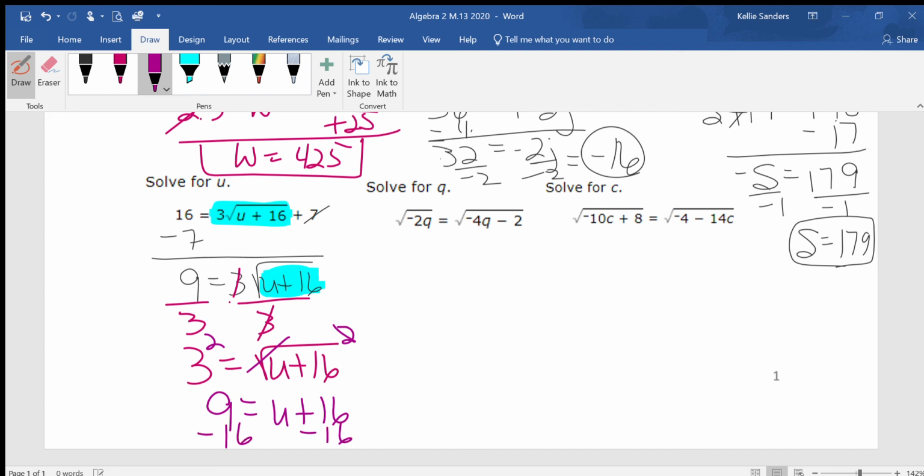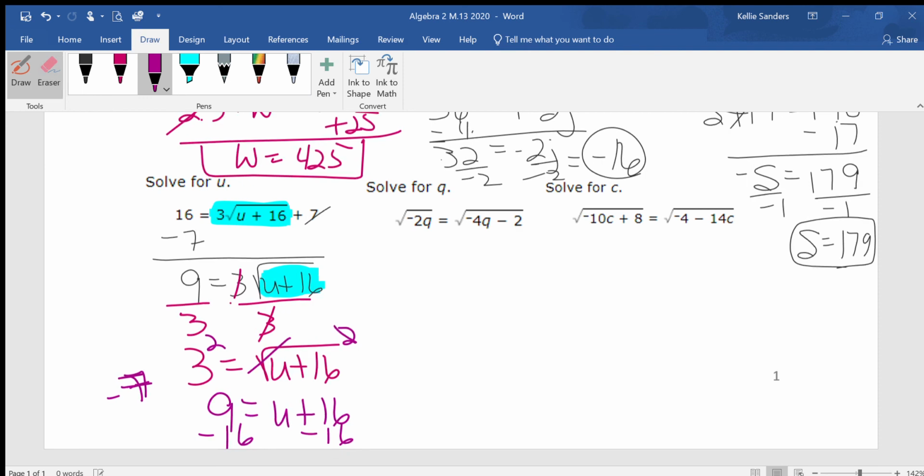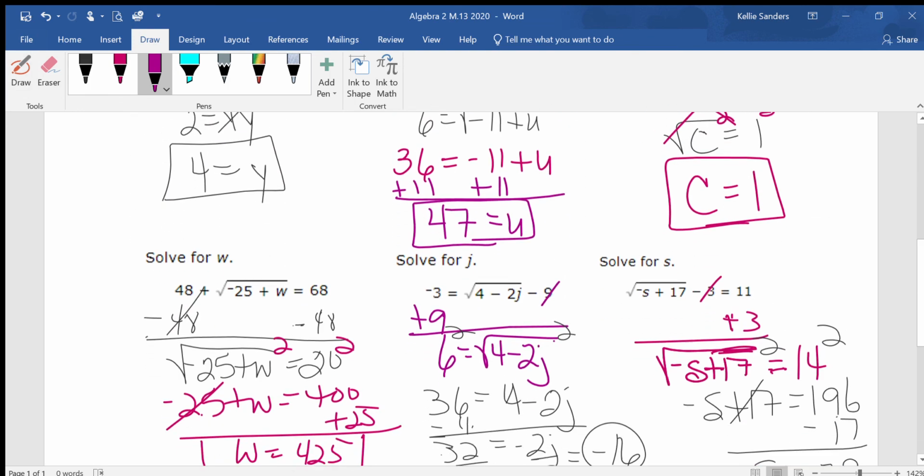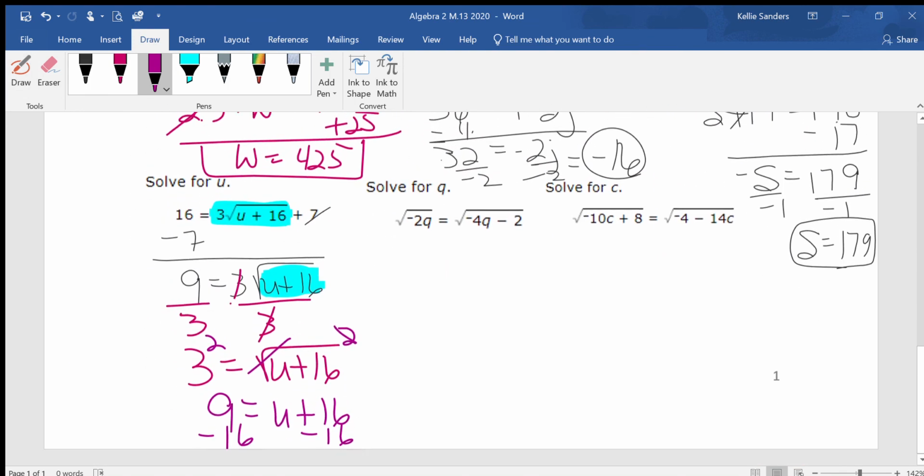Minus 16 is -7. That is gross. Like normal. -7.